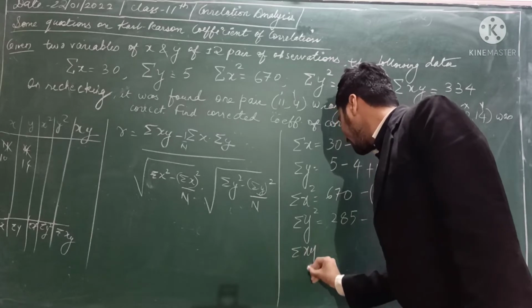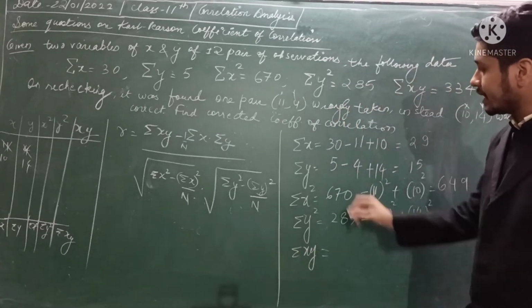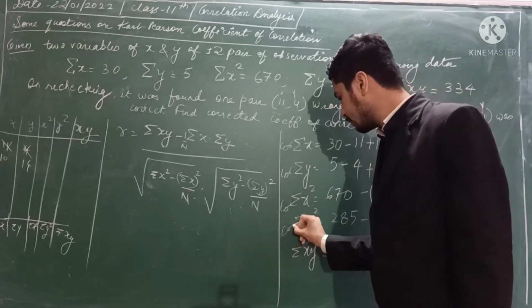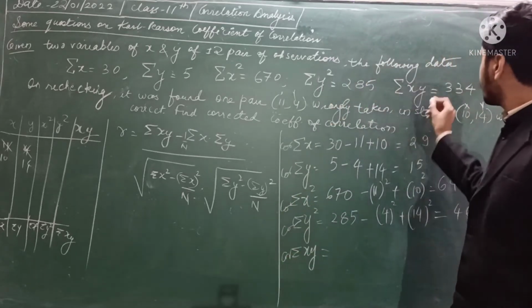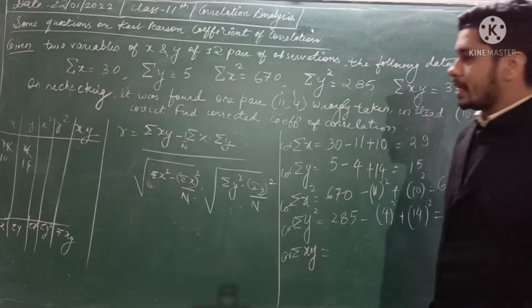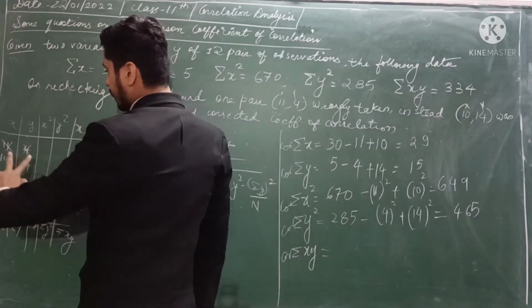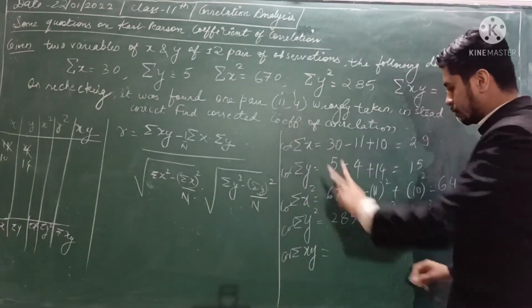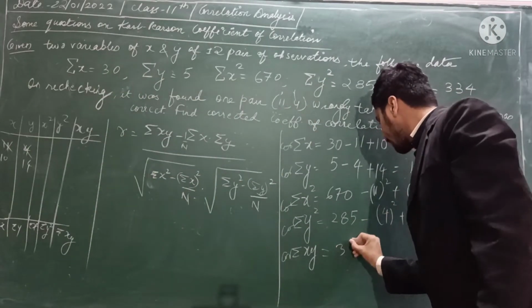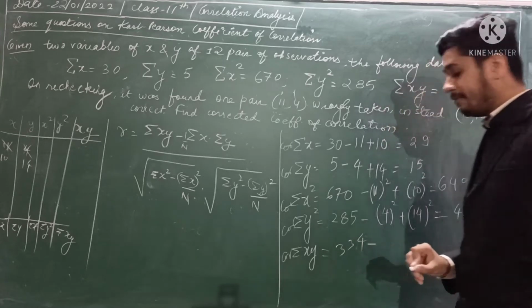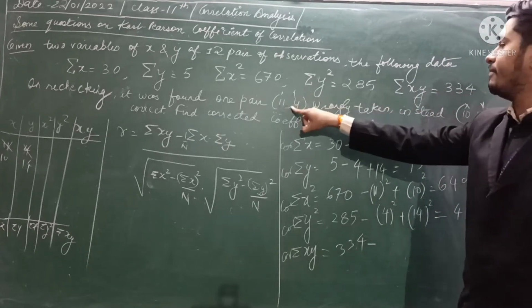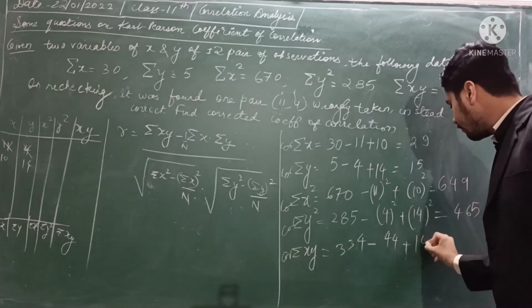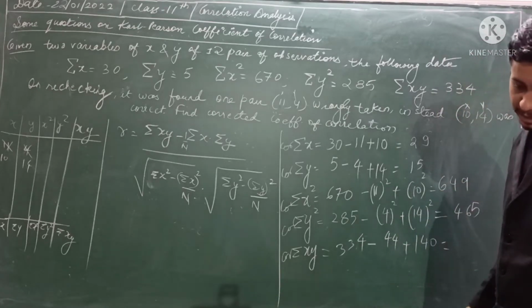What will be the corrected summation of xy? This is the xy column, which we get by multiplying x and y. So from 334 we have to subtract 11 into 4, which is 44, and add 10 into 14, which is 140.